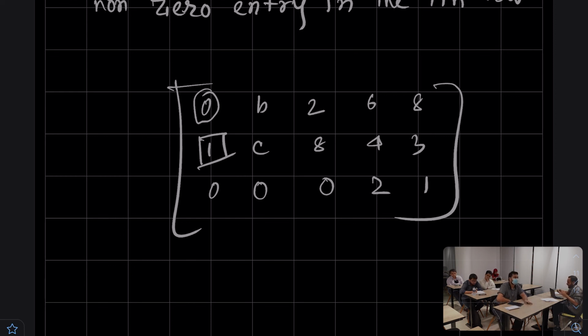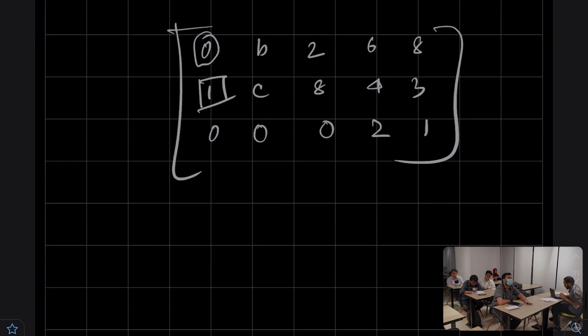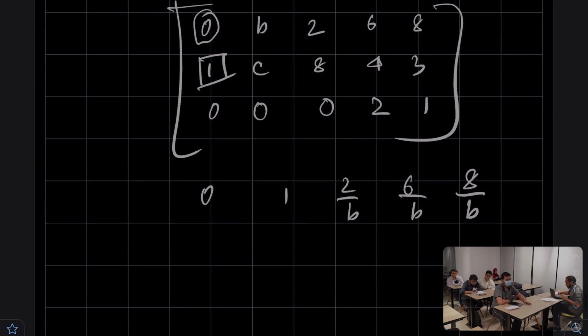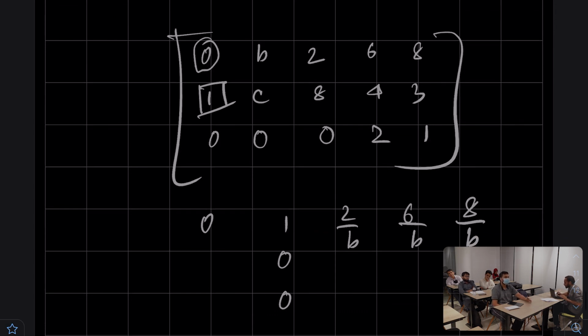But after multiplying by 1 over b, this will be 0, 1, 2 over b, 6 over b, and 8 over b. But to make this a row reduced matrix, what do I need to do? Every other entry in that column has to be 0. So this entry will not be 2 here, right?